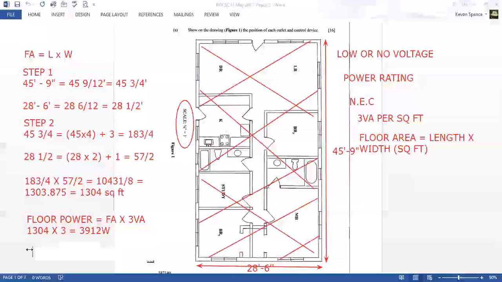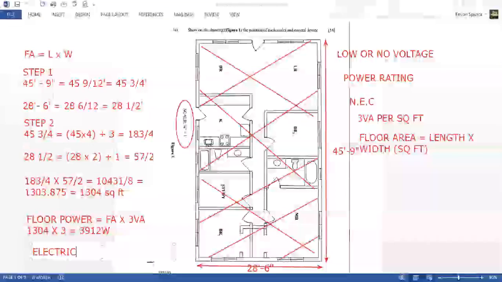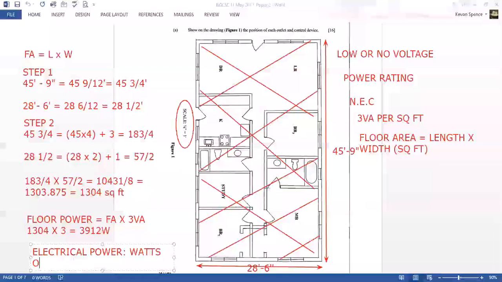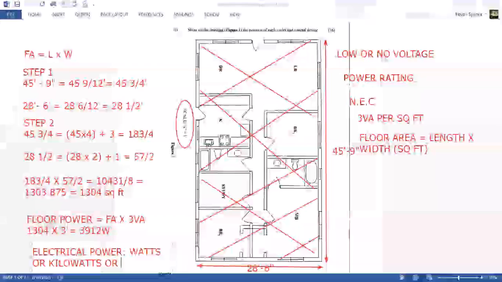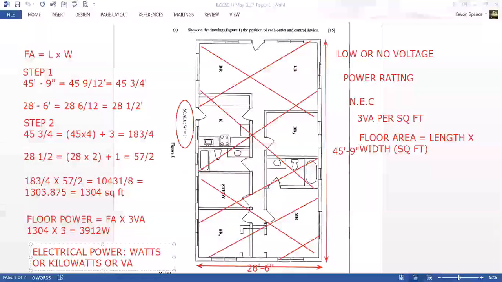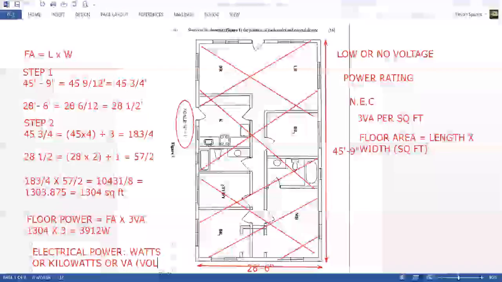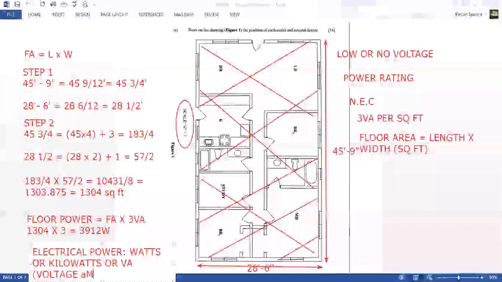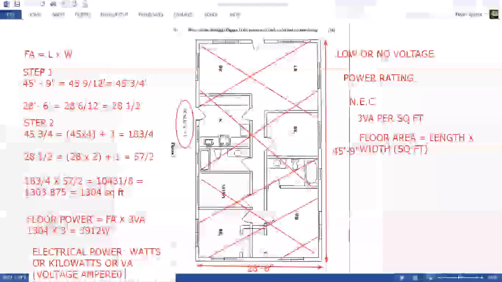So electrical power, as you know, can be represented in watts or kilowatts or VA, which means volt-ampere.